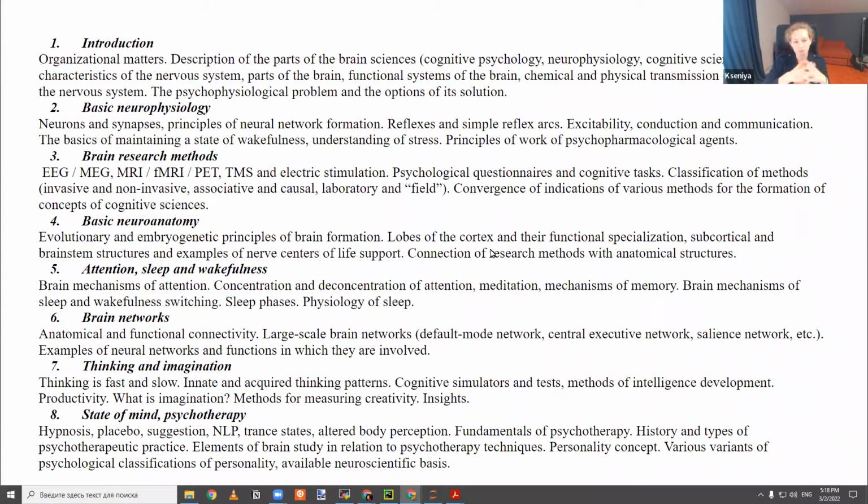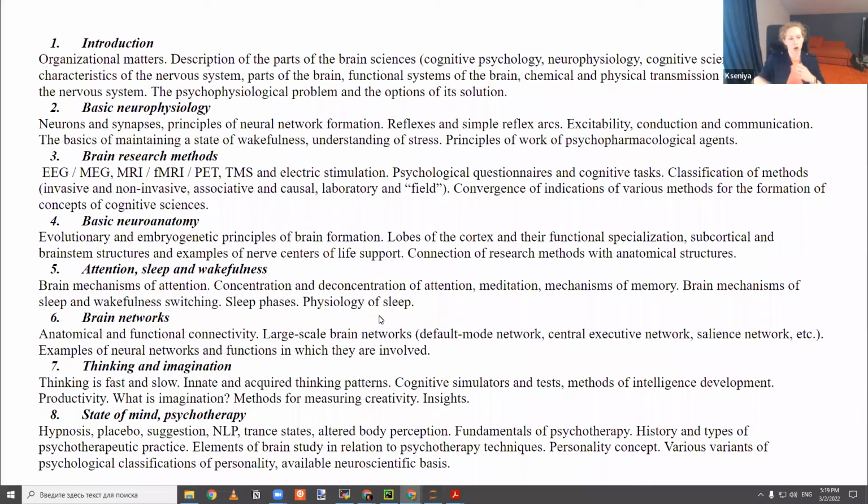But I think if we want to use the information about these brain parts, we should have a separate lecture about them.